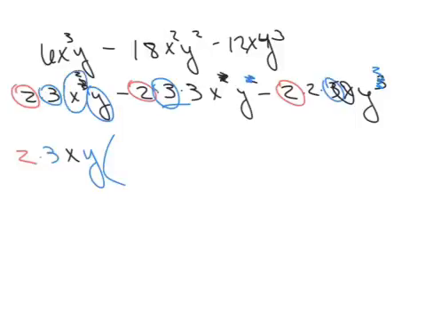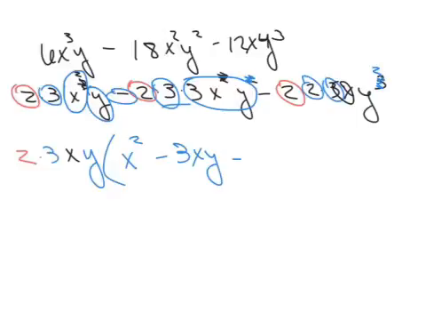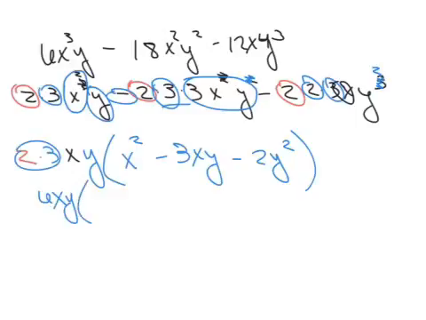It leaves me with an x squared, a 3xy, that negative is from there, and minus a 2y squared. Okay, so this ends up being a 6 times x squared minus 3xy minus 2y squared, and I'm done.